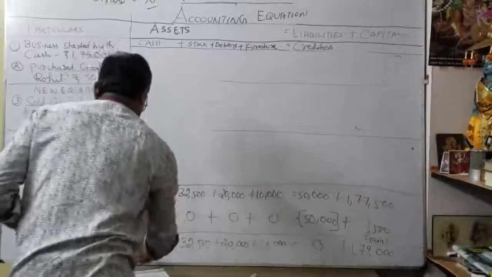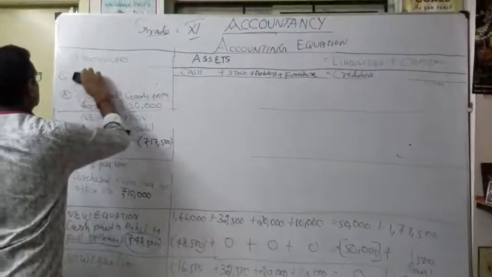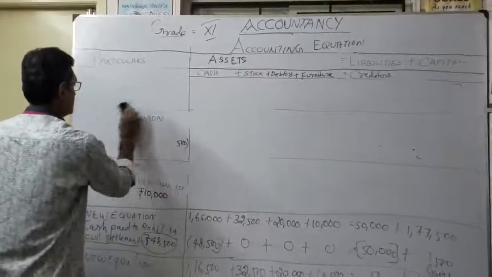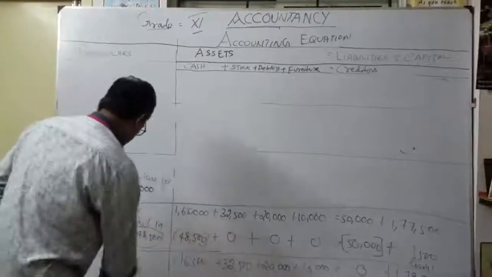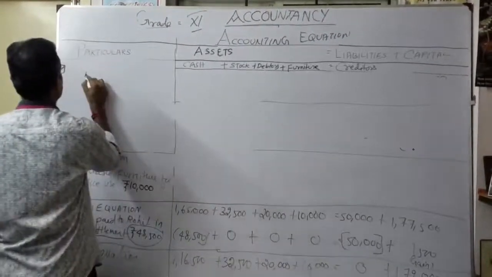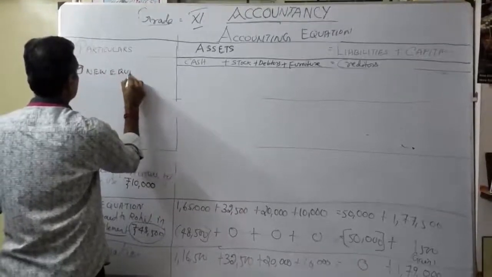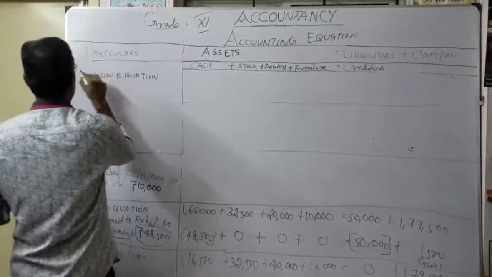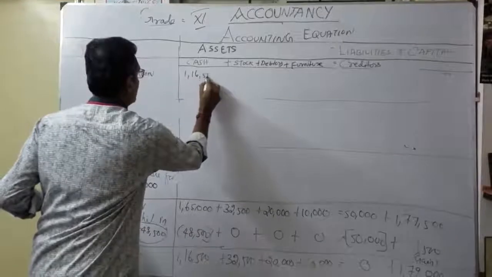So I carry over this equation here. I will write the new equation. So the continuation is going on. What is the new equation? 1,16,500.